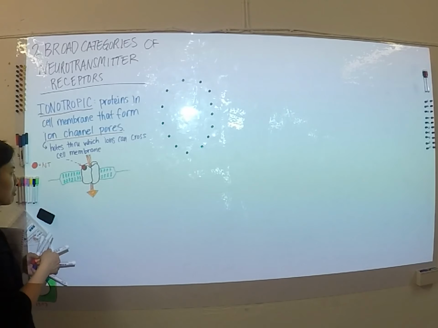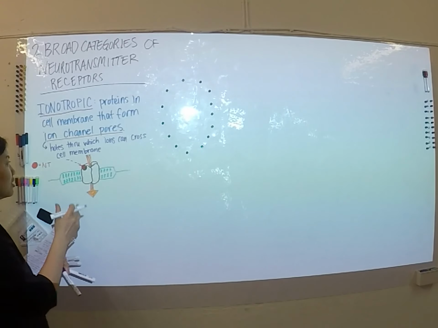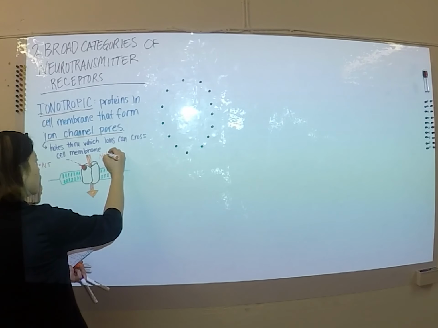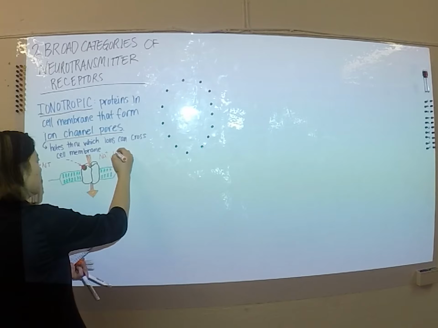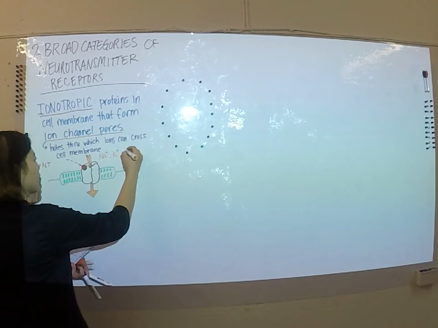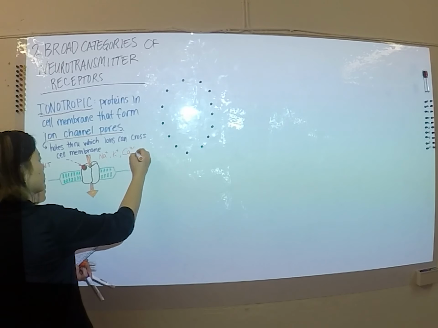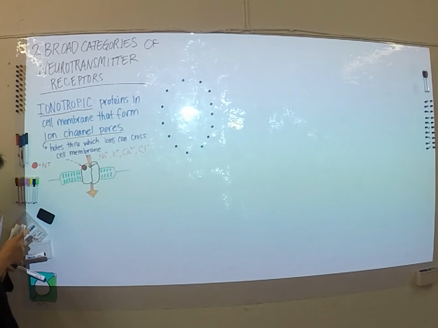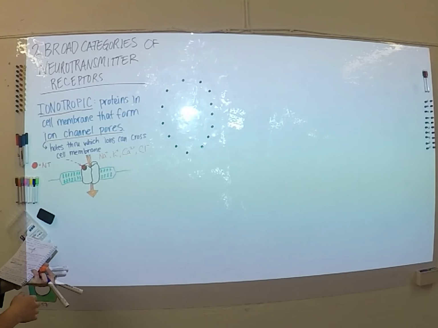And remember, what were some of our most common ions being used in the nervous system? They are sodium, potassium, calcium, and chloride. Chloride is the only one that is negative out of these most common ions, okay?